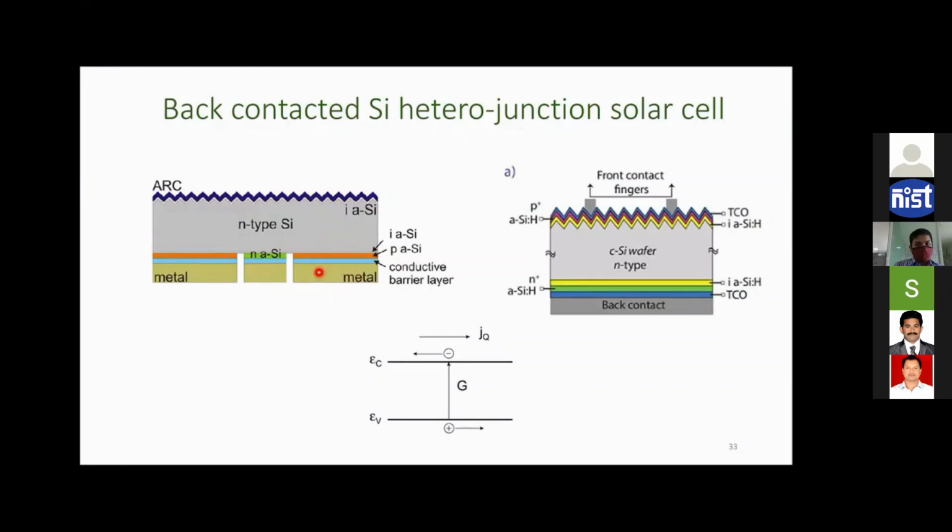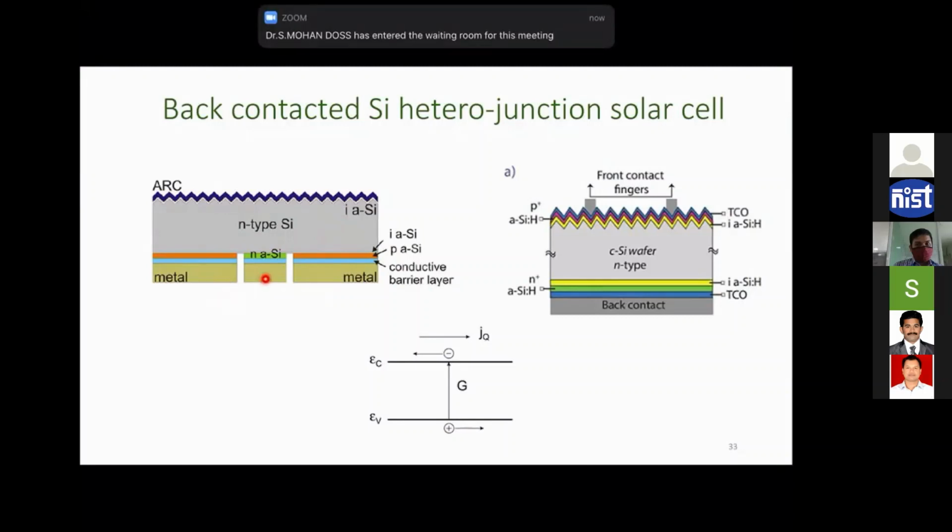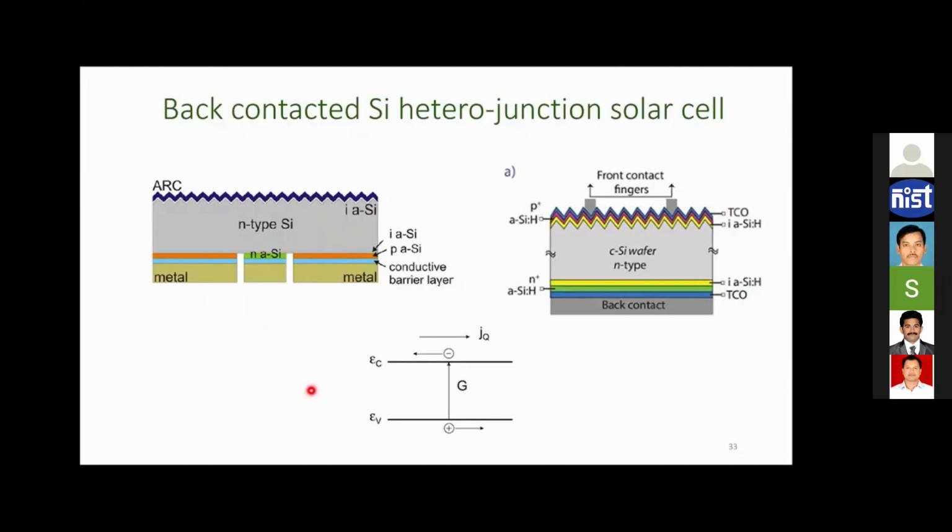So this interdigitated pattern of alternating P and N contacts is actually facilitating the requirement to separate the electron and hole collection.